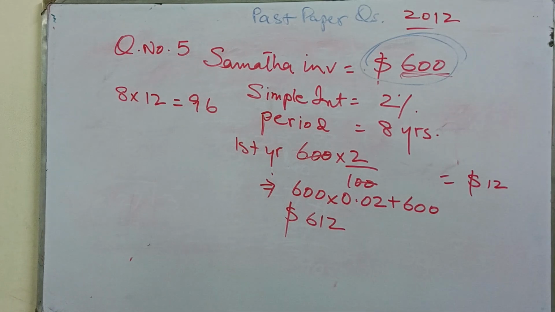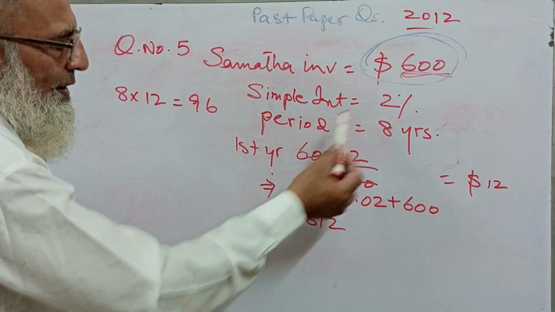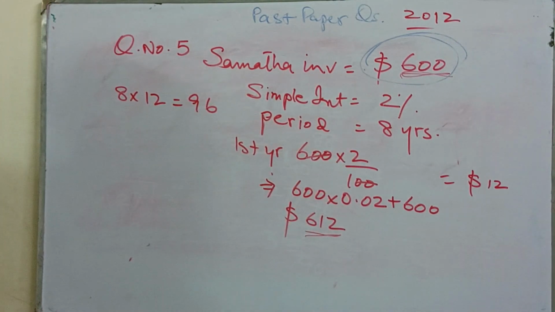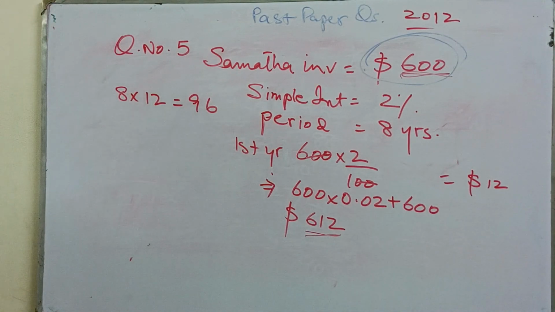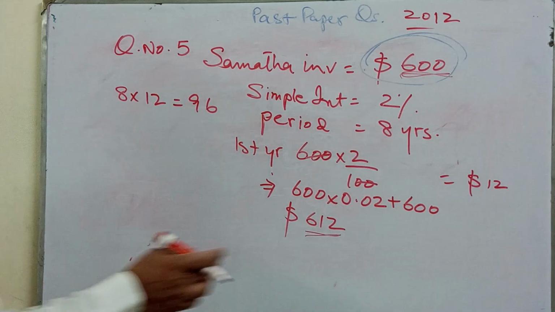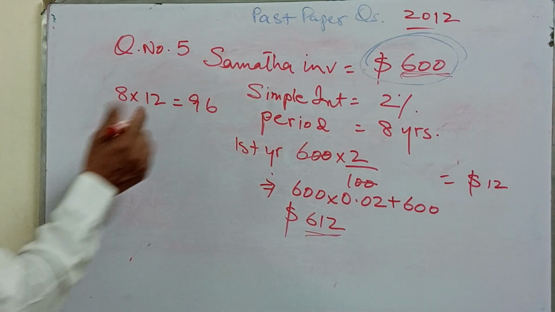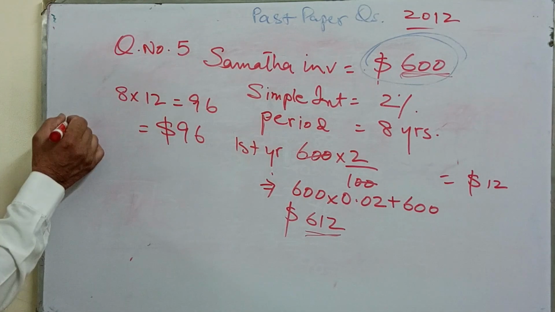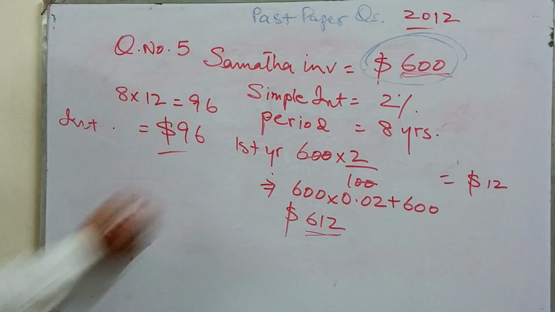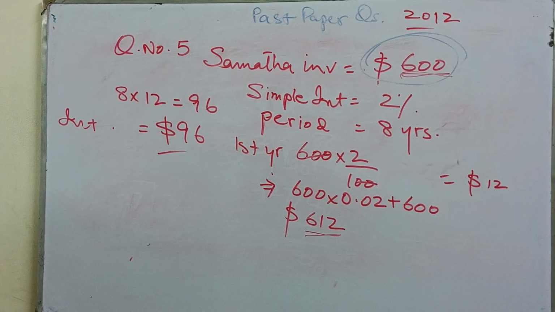But if it was compound interest, then the principal amount for the second year would have been this. It is beyond my scope to tell you about compound interest. So our answer is $96 for the 8 years. The total interest in 8 years will be $96.